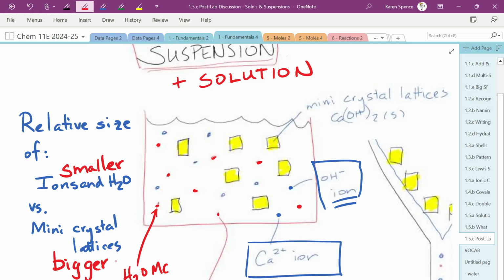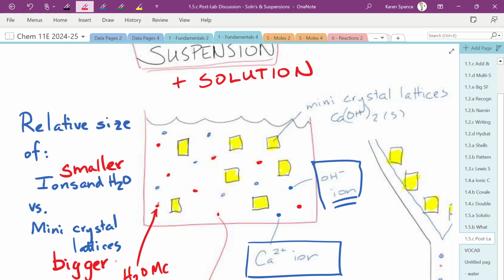So if I have my mini crystal lattice, and the hole in the filter paper is this big, if I rip off one of these ions, will that fit through the hole? Yes. A water molecule is about the same size as one of the ions.